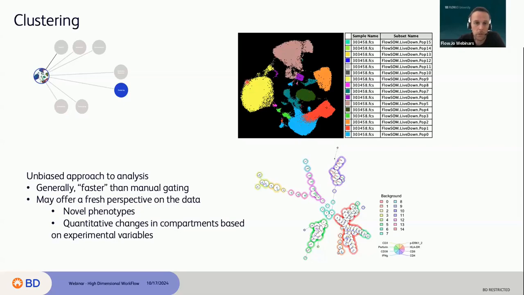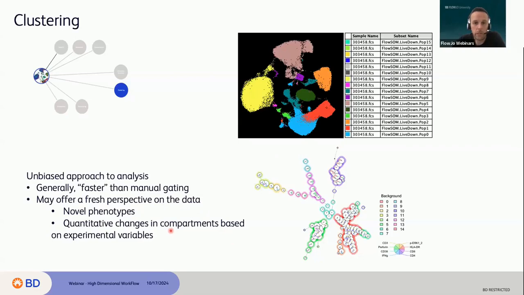And the reason we're going to use a clustering algorithm after dimensional reduction is just to be able to crunch the data faster. And this clustering algorithm is going to help us identify all the different populations present in the data set, usually in a few minutes, instead of just trying to do manual gating to define those populations.